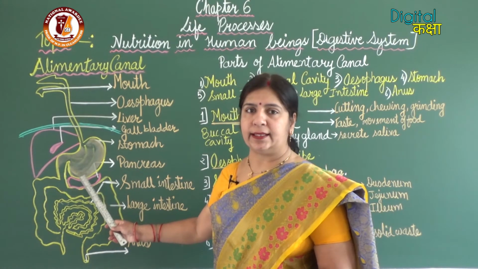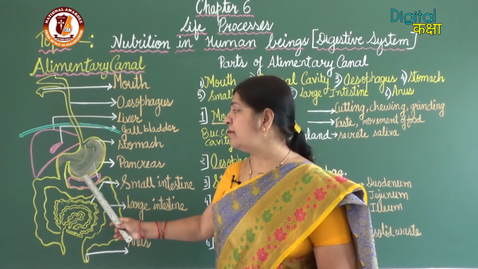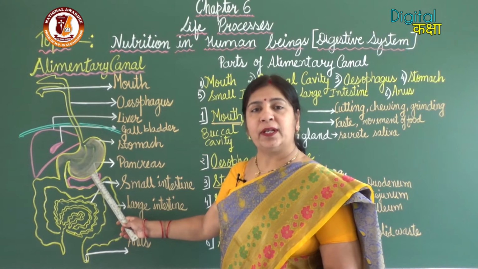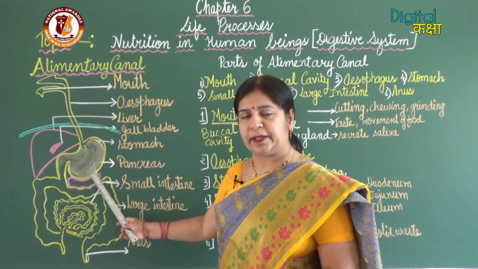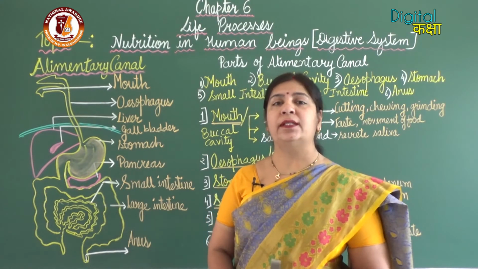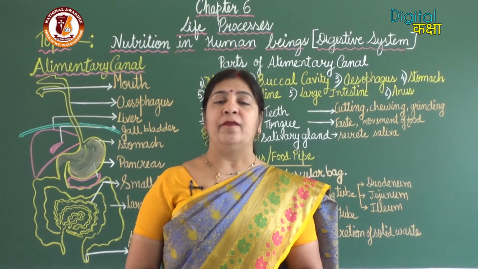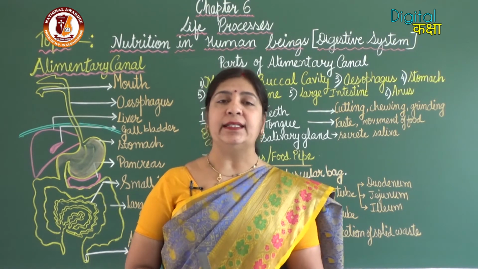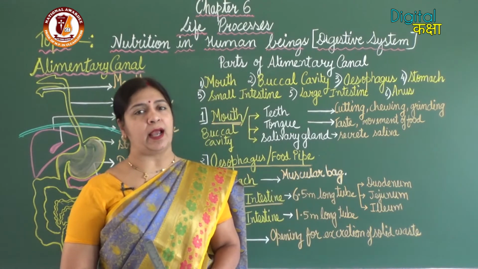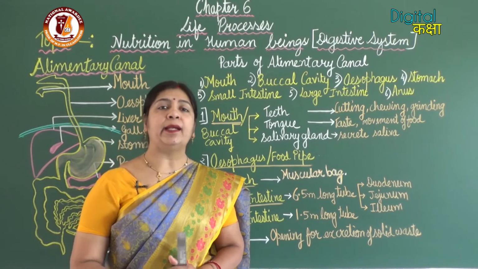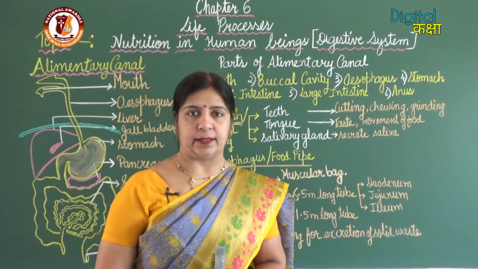The esophagus is connected to the stomach, which is the next part of the alimentary canal. As you can see in the diagram, the stomach is a muscular J-shaped structure. It is a muscular bag which is J-shaped. The function of the stomach is to store food for some time. When we eat food, it is kept in the stomach for around 2 to 3 hours, and there the breakdown of the food takes place.